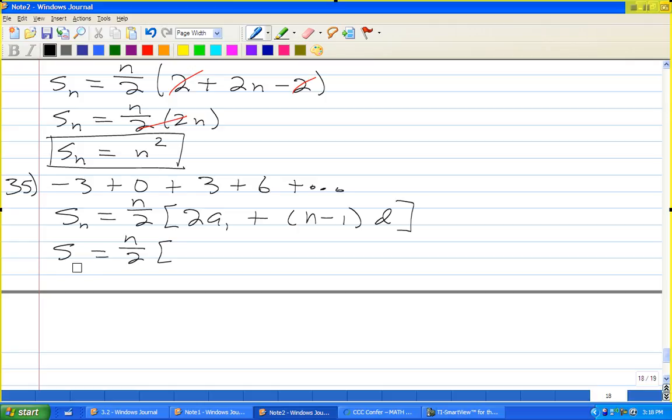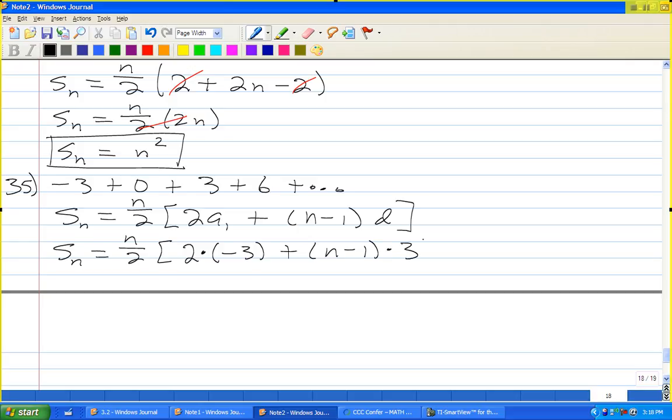And so the sum of the first n terms of this arithmetic series is n over 2 times 2 times a1, which is negative 3, plus n minus 1 times d.